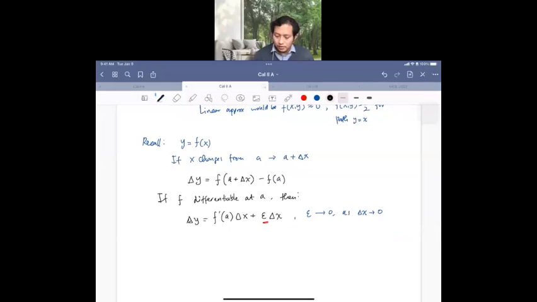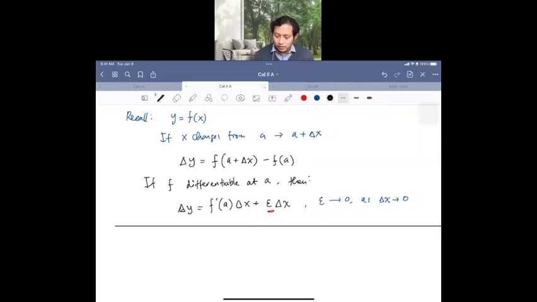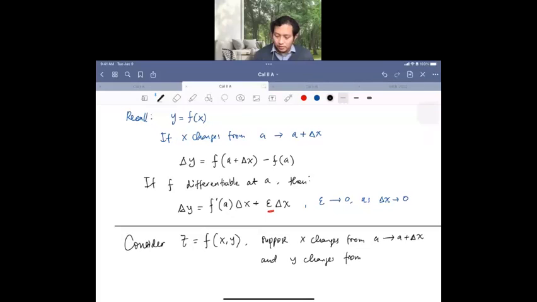Now instead of one variable, we consider two variables. So consider z as a function of (x, y), and suppose x changes from a to a plus delta x, and y changes from b to b plus delta y.